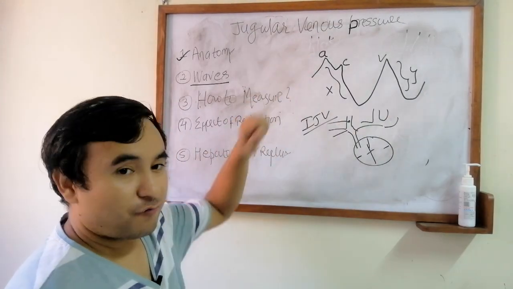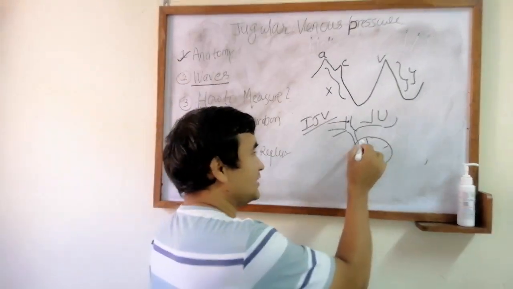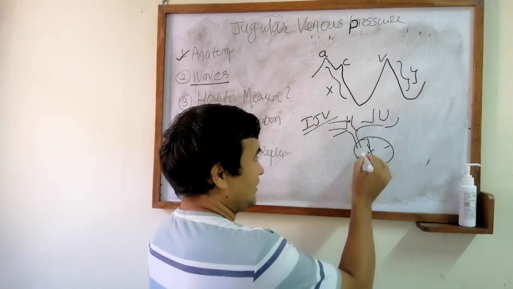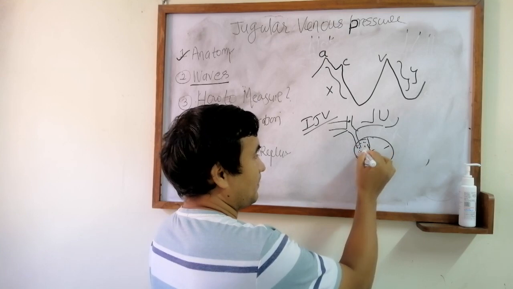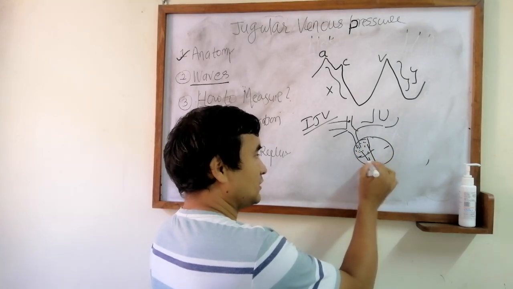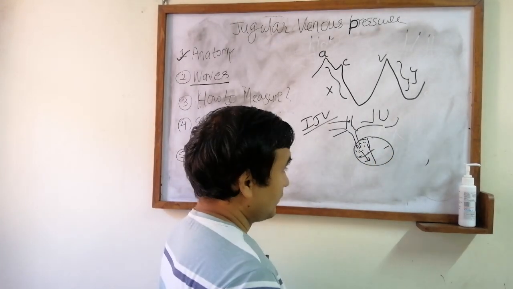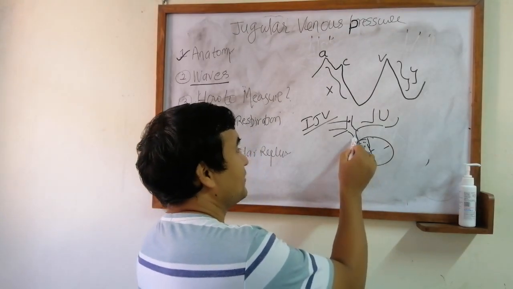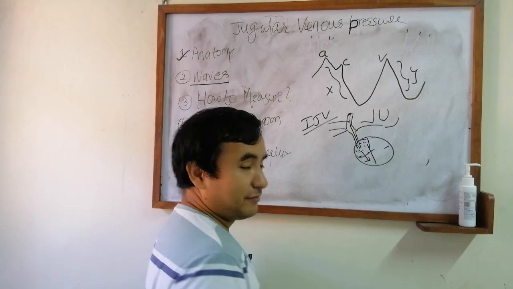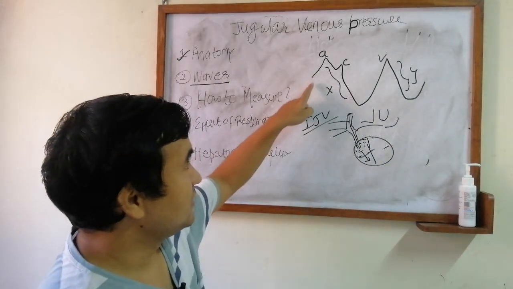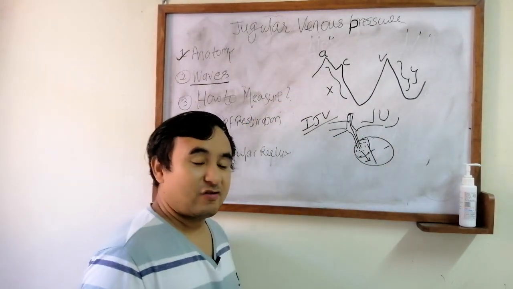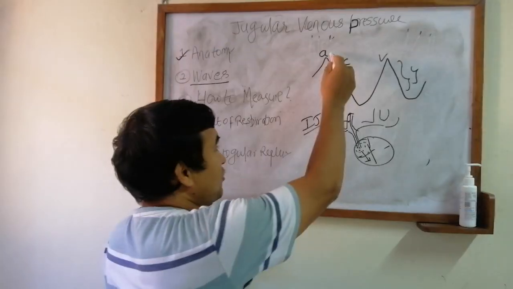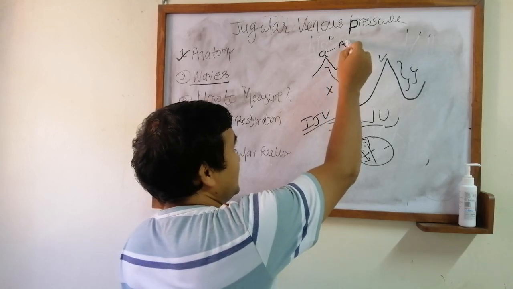The A wave is formed when the right atrium contracts. When it contracts, some of the blood goes to the right ventricle, but it will increase the pressure in the right atrium, and that pressure is transmitted back to the right internal jugular. That's why we see the positive deflection in the JVP. That is what we call the A wave. So A is because of atrial contraction.